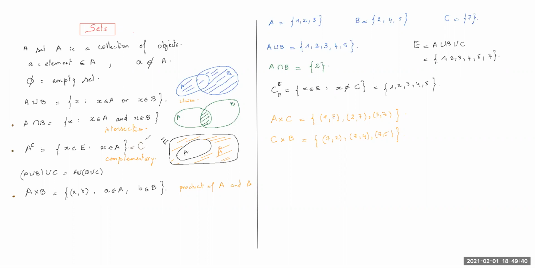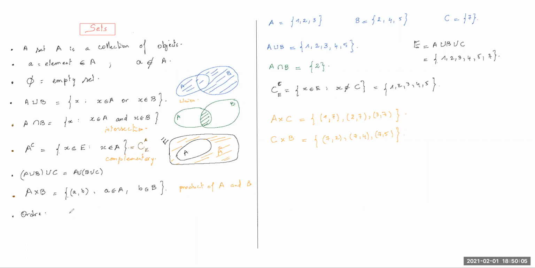Complementary of C in E. So those are the elements we defined. So just to organize things here, this is an operation property of union. We have an order also, the order of inclusion.